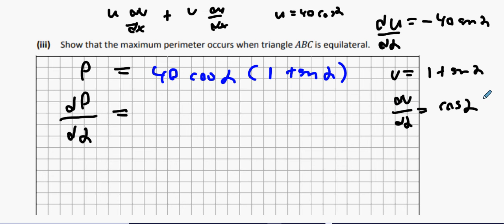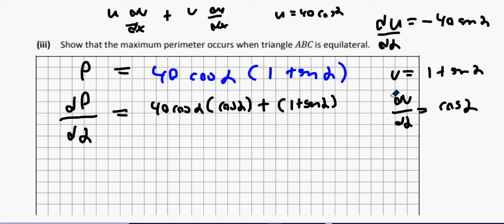Okay. Then we're going to put in our numbers now. So u is 40 cos alpha times cos alpha, and then it's going to be plus v, which is 1 plus sine alpha, times du d alpha, which is minus 40. Is that right?